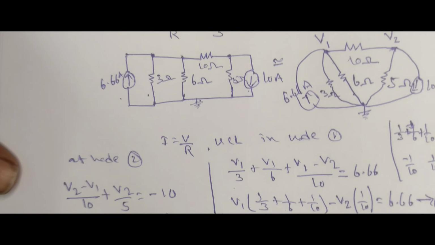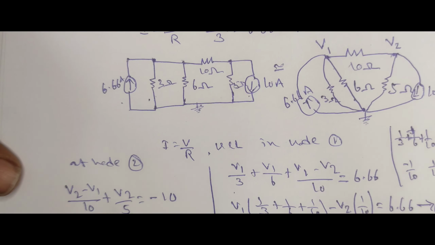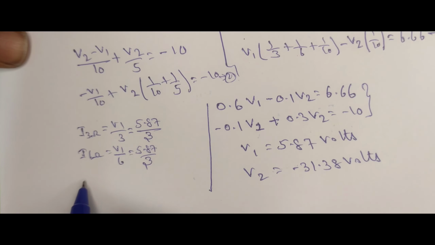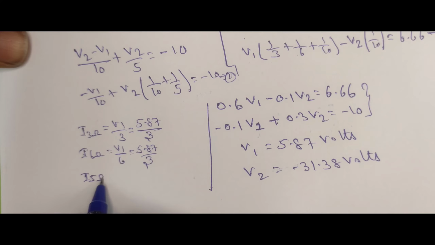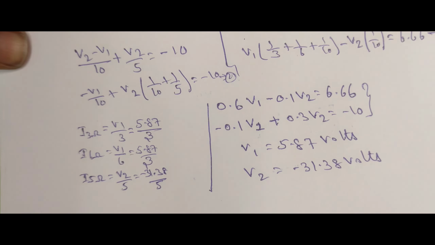Now the current across the 5 ohm resistance, from equation number 2, is V2 by 5. So the current across the 5 ohm resistance is equal to V2 by 5, and the V2 value is minus 31.38 by 5.